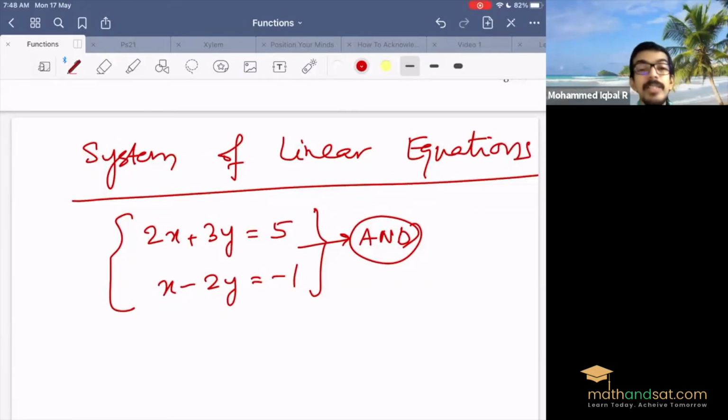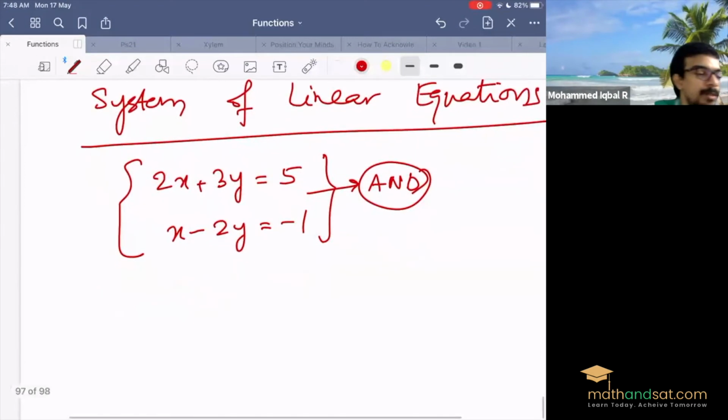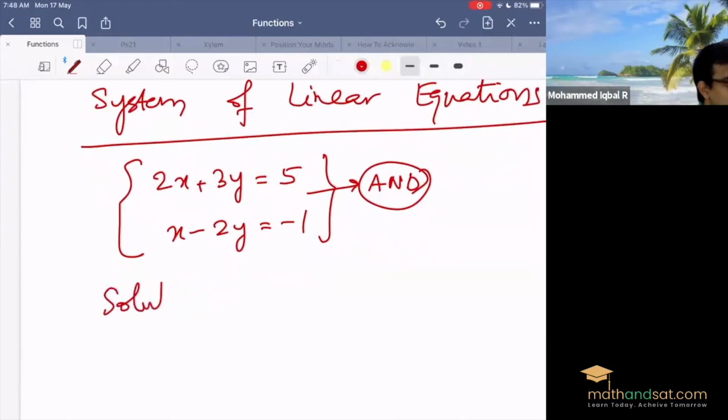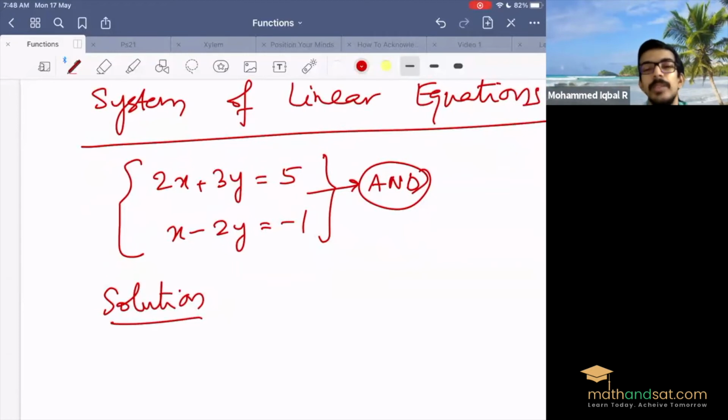So when you have a system of linear equations, we are concerned about the solution. A solution means an ordered pair x comma y that will satisfy both the equations.